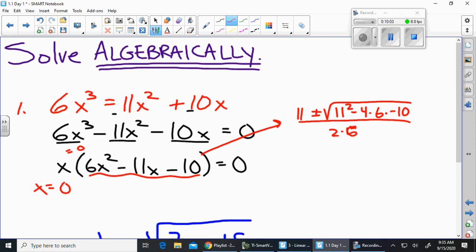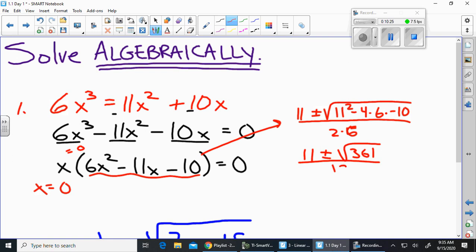I'm thinking of the answer. And if I take 11 squared minus 4 times 6 times negative 10, I get 361, which is actually a perfect square.